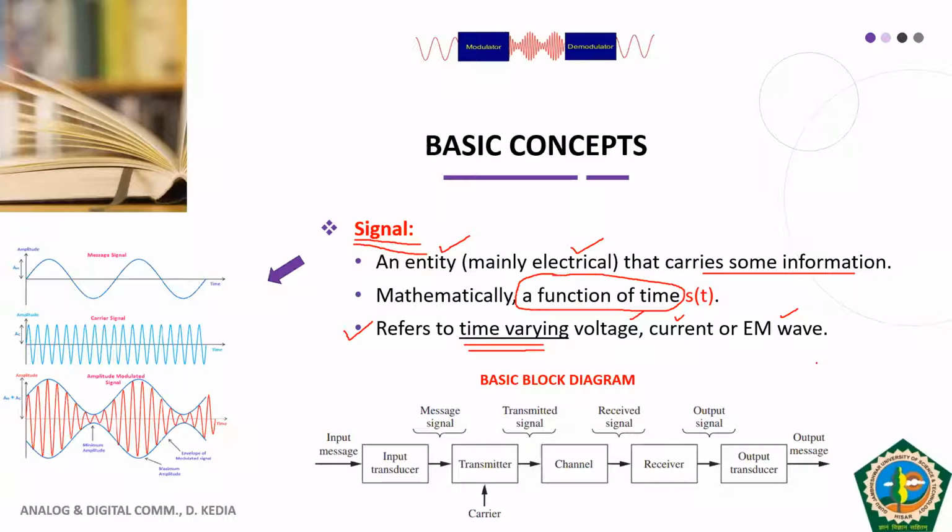All of you have studied mathematics, so you know what a function is. Mathematically, a signal can be defined as a function of time. Function of time means it will vary with respect to time, so a signal will always be a time varying entity. Remember this, and it will have some information associated with it.